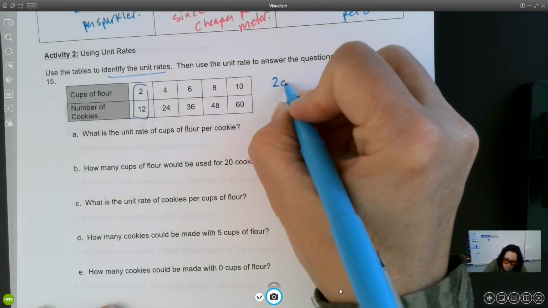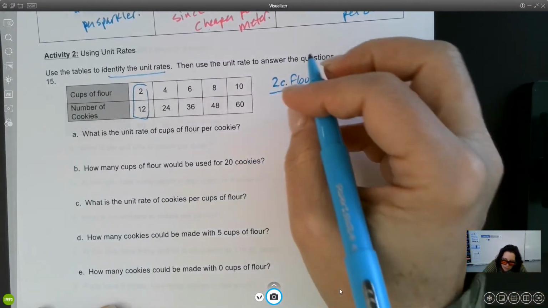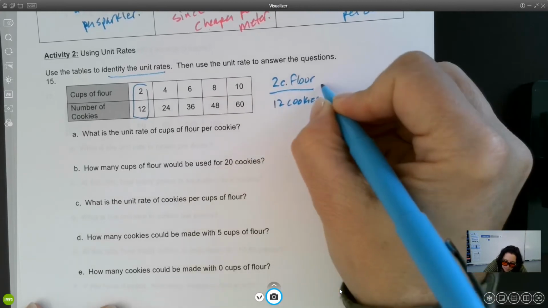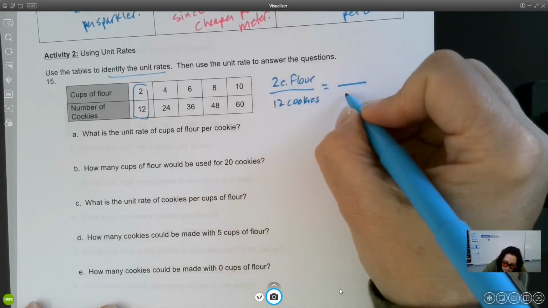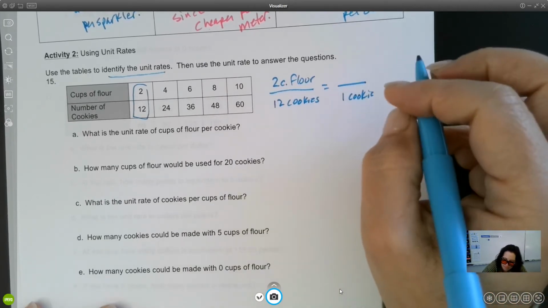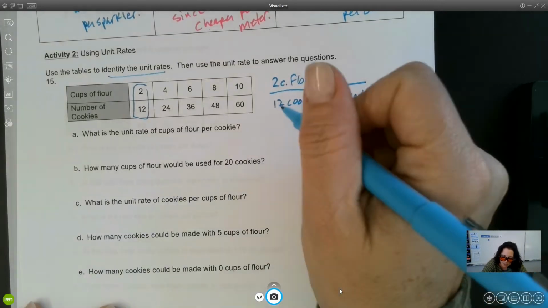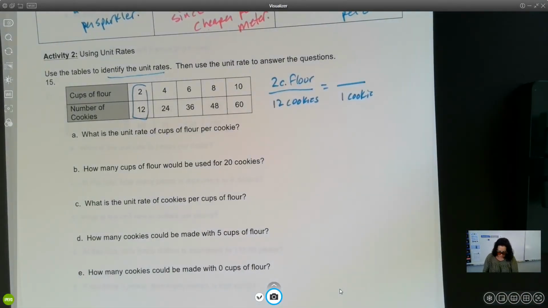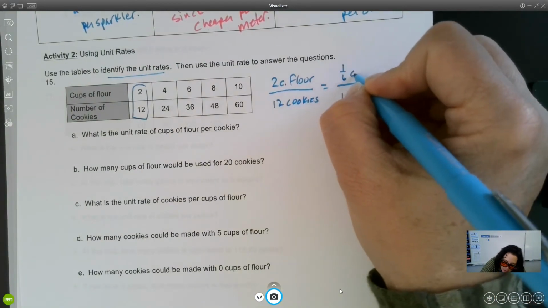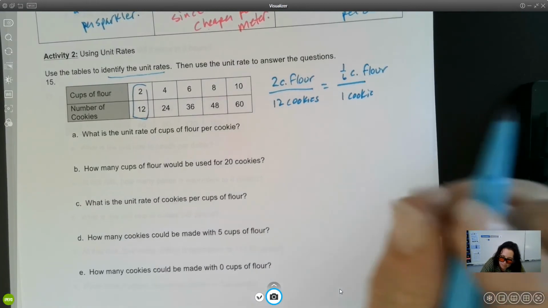So I've got 2 cups flour for 12 cookies. I want to know how many cups of flour for 1 cookie. Okay, so if I divide by 12, I would have 1/6 cup of flour for 1 cookie.